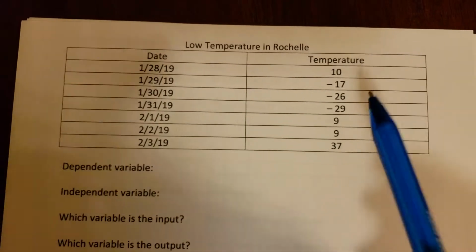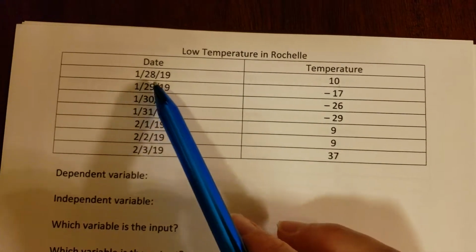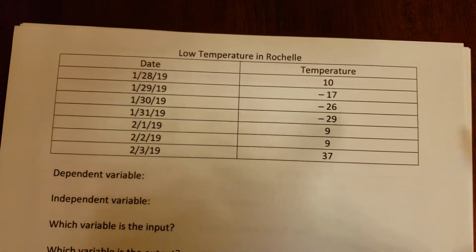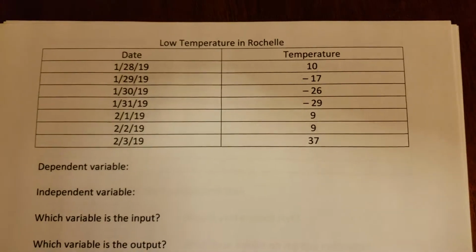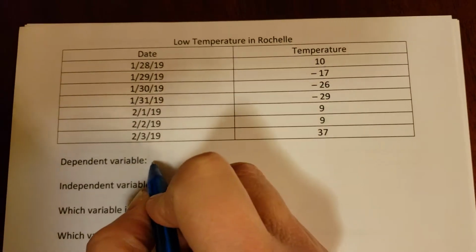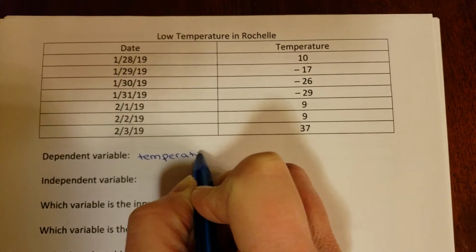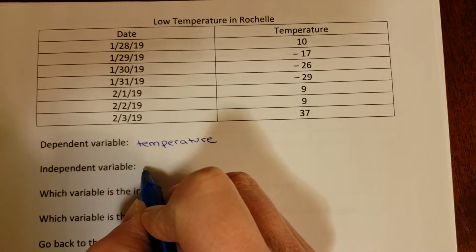So, for example, this 10 was dependent on the date that I punched in. This 10 was only going to come out if I punched in 1/28/19. So in that case, it is dependent. The temperature is the dependent variable. This is kind of a tricky thing. That's why I wanted to do a variety. And then the independent variable is the date.